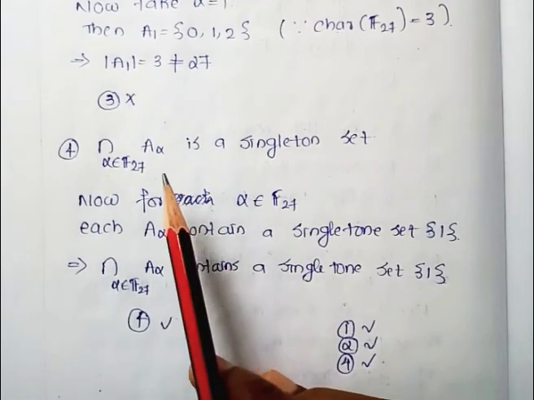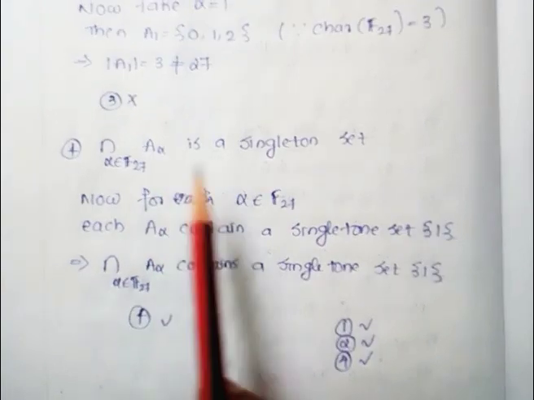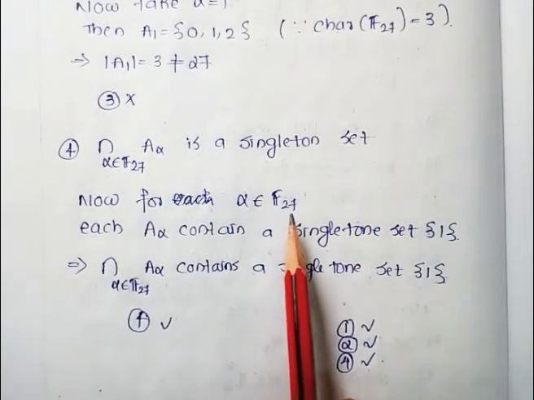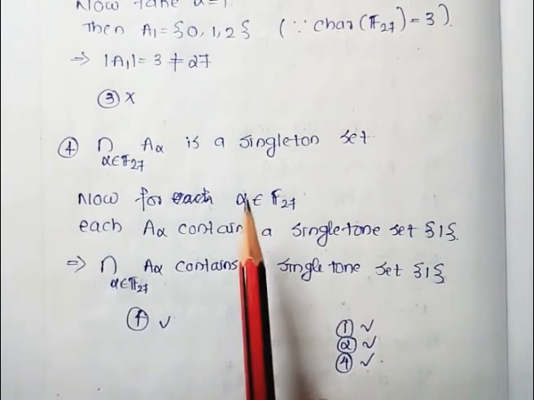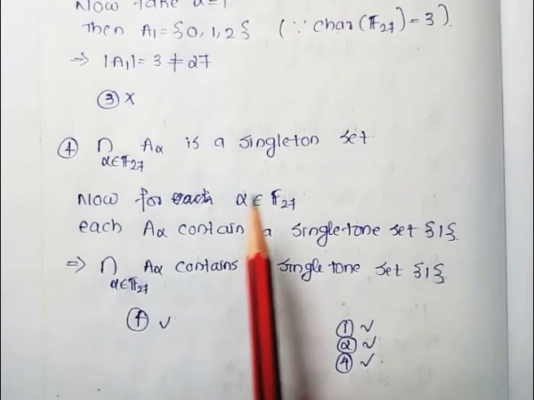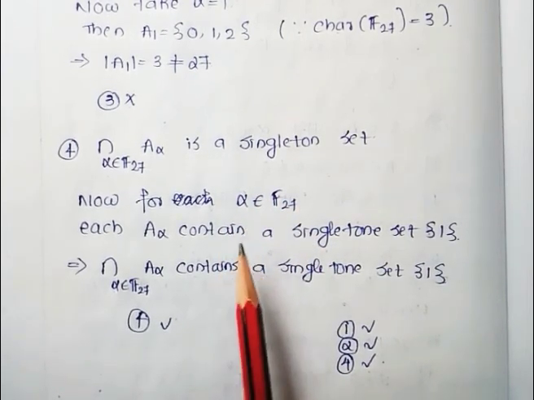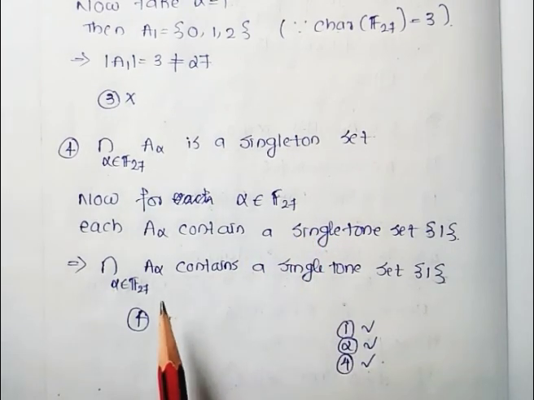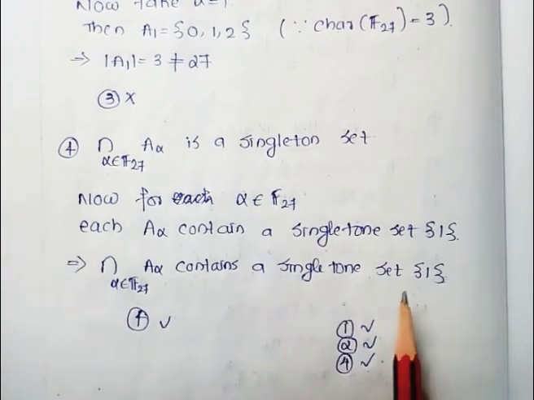Now our fourth option says that the intersection over alpha belongs to F27 of A alpha is a singleton set. For each alpha belongs to F27, A alpha contains the element 1. Because A0 is equal to the singleton set 1 and A1 is equal to the set 0, 1, 2. So the intersection over alpha belongs to F27 of A alpha is the singleton set 1.